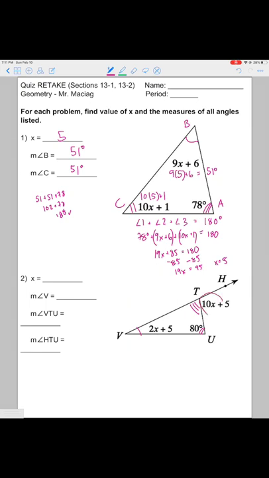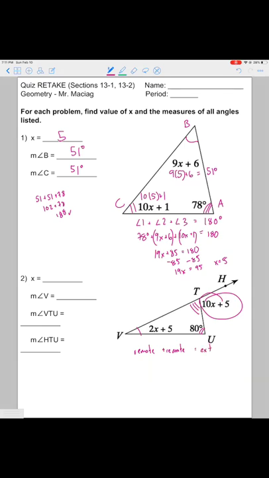For number 2, we do not have all 3 angles on the inside. And if we try to use this angle to find the angle on the inside, it would be near impossible since the angle on the outside isn't a number. So when we do this, we have to use our exterior angle theorem, which says remote angle plus remote angle equals exterior.